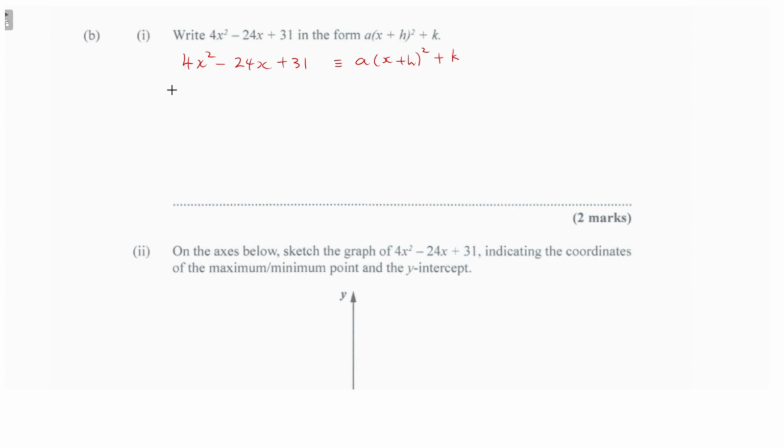The first step then is to factor out the 4. So we have that would be minus 6x plus 31 over 4.